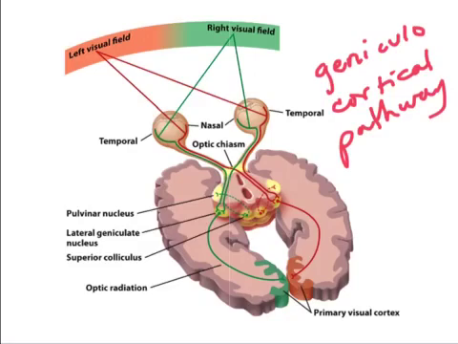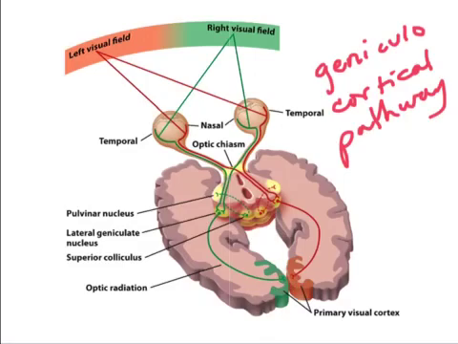And really, these pathways are intuitive and kind of easy to remember if you remember that it goes from the lateral geniculate nucleus to the primary visual cortex. That's the geniculo, from the geniculus here, cortical, from the cortex here, pathway.